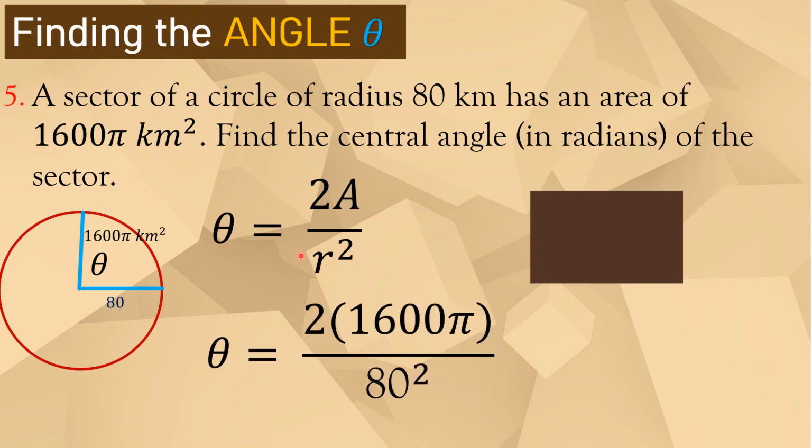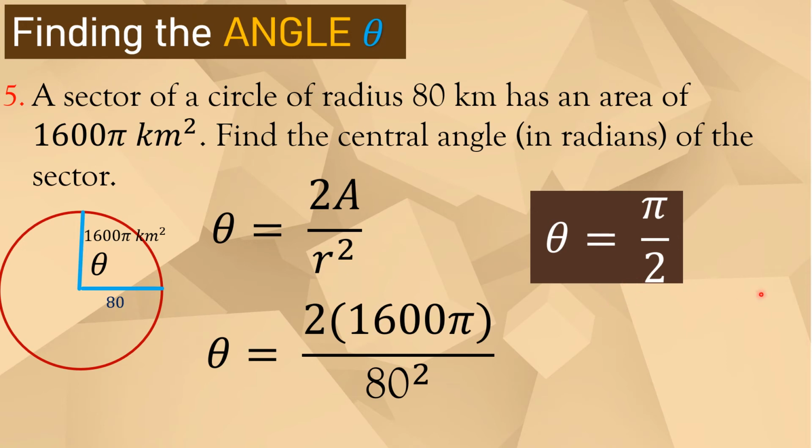Substitute area, and that is 1,600 pi. Radius 80, so square 80. Using your calculator, we are ready to solve for the theta. So theta is equal to pi over 2.